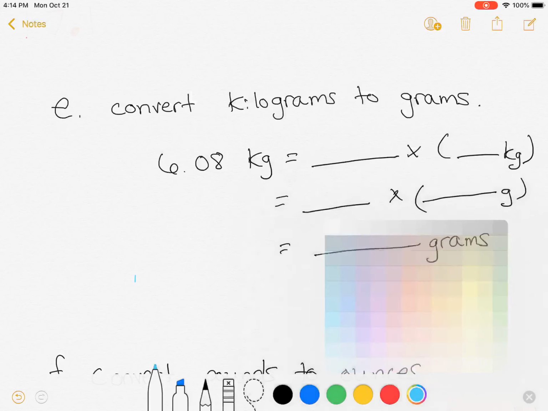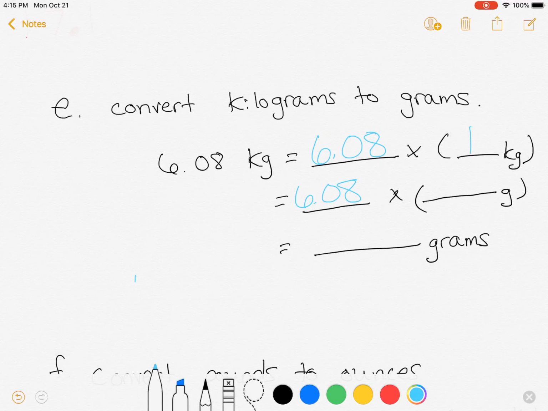Let's try that. So 6 800 kilograms equals, 6 and 8 hundredths times 1 kilogram. I put the same thing in there. Then how many grams are in a kilogram? 1,000. Somebody remembers their metric system. Good job. Now, do we need to use the standard algorithm?